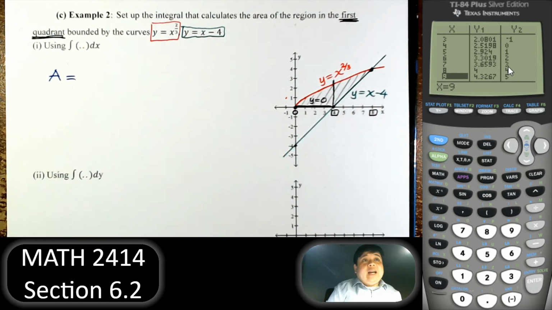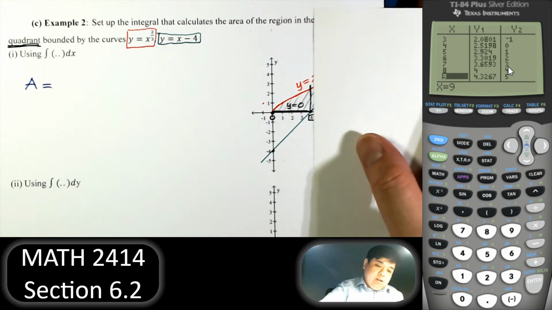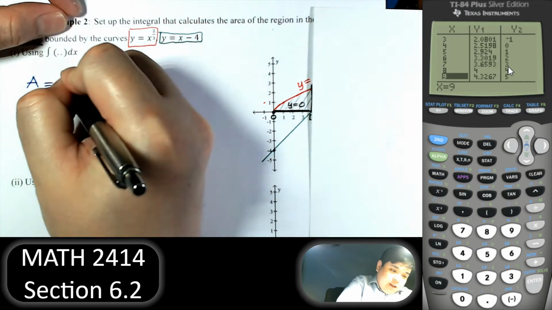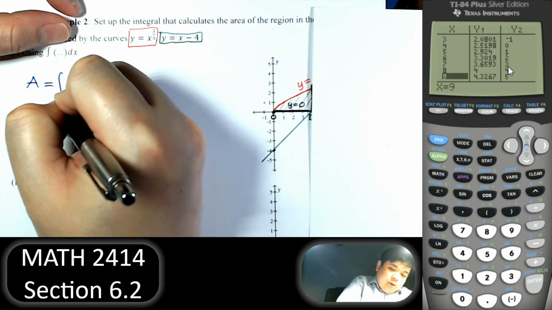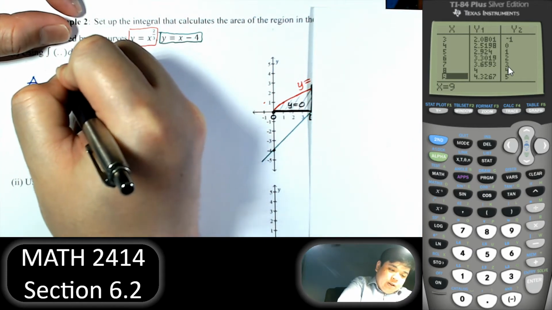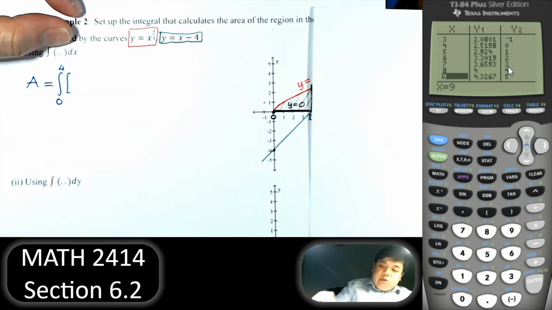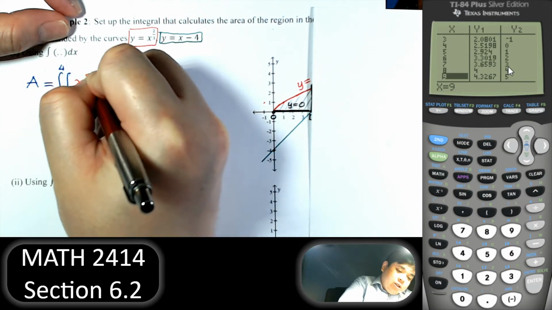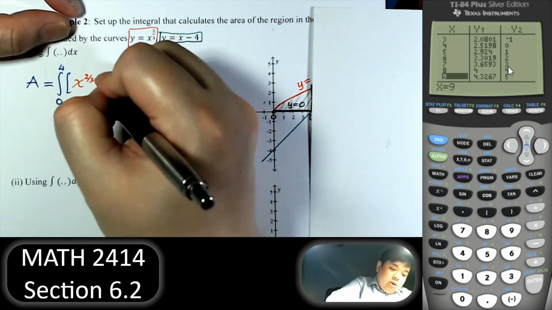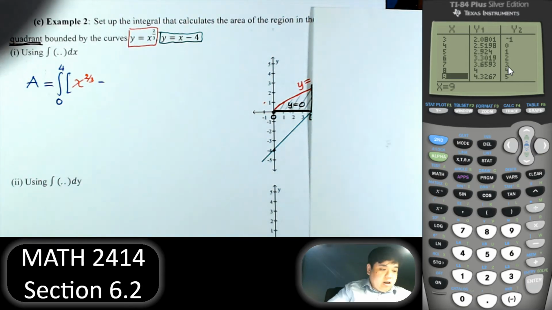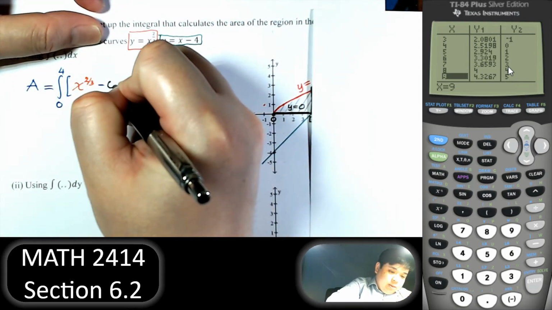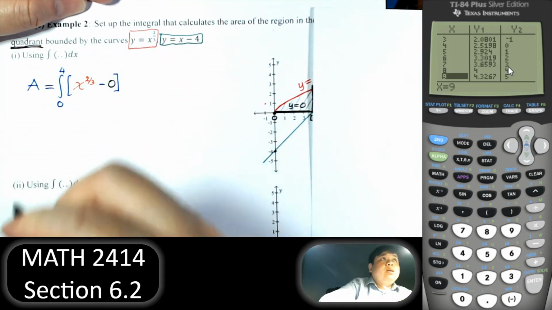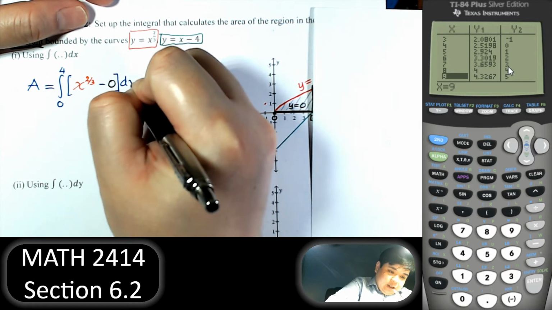So, in that case, we have to split the integral. Let's go from 0 to 4. From 0 to 4, we have the function on top, x to the 2/3. The function below, horizontal line, 0. That is dx.